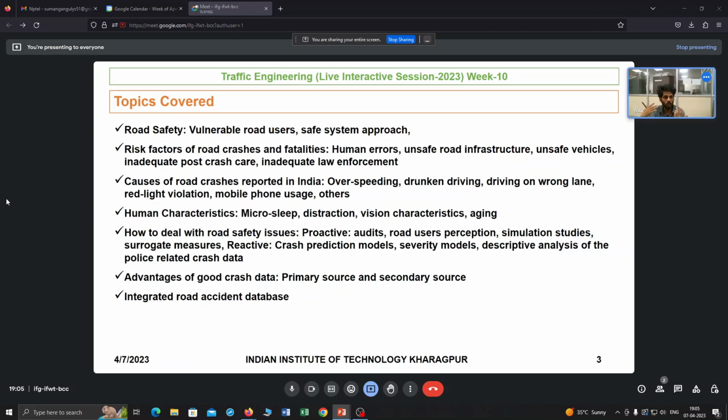So if we do some kind of reorientation of these factors, maybe we can actually reduce the crashes.